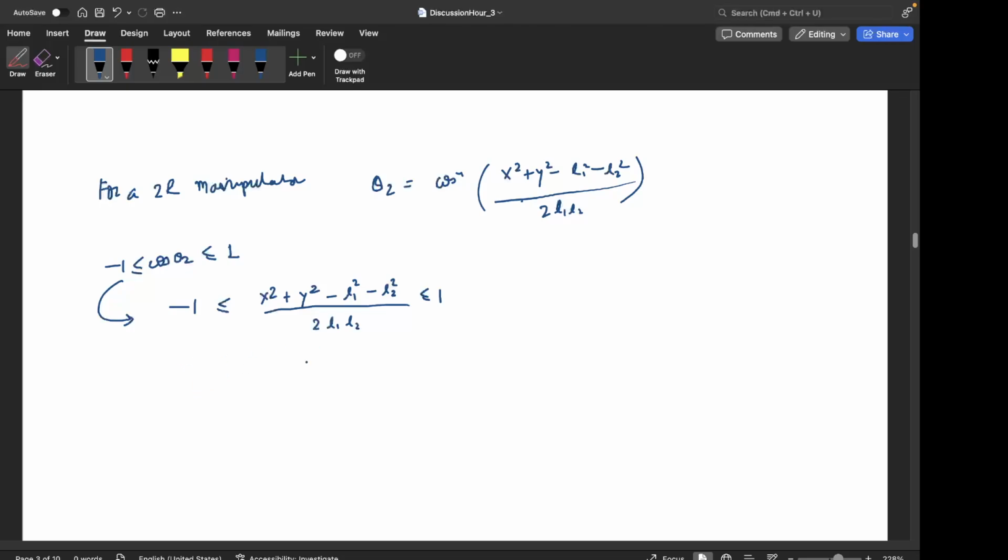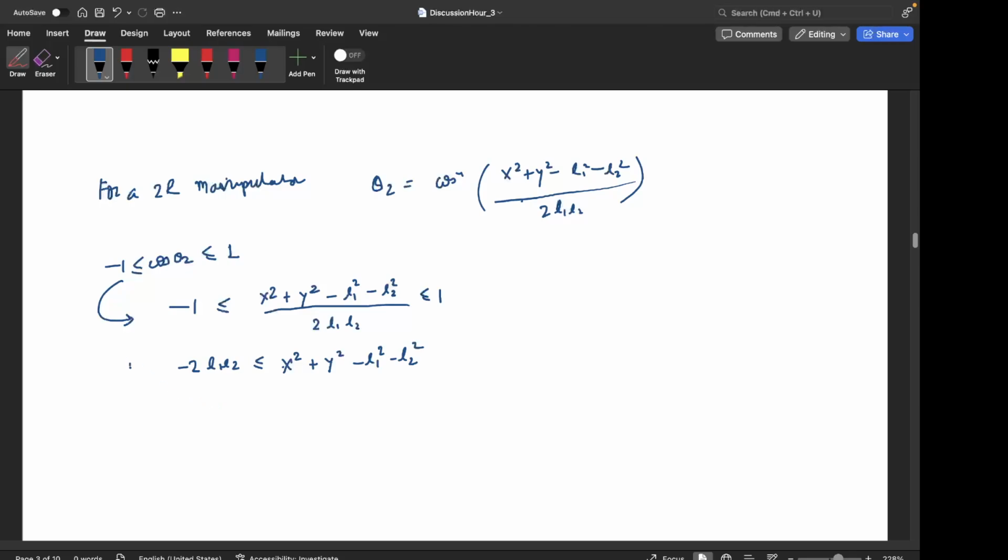So this should lie between -1 and 1, and this is equivalent to saying, how we can rewrite this is, let's say we take -2 L1 L2, we basically write these two inequalities separately for once, okay?